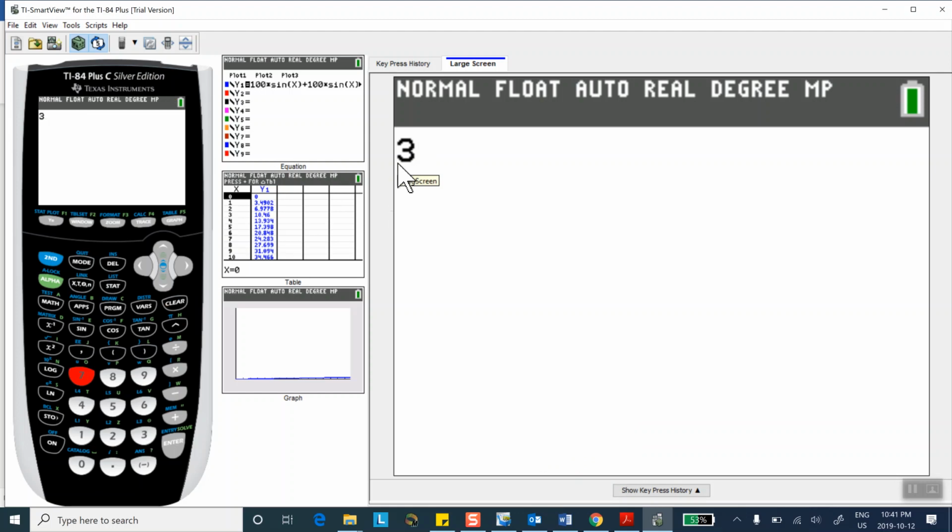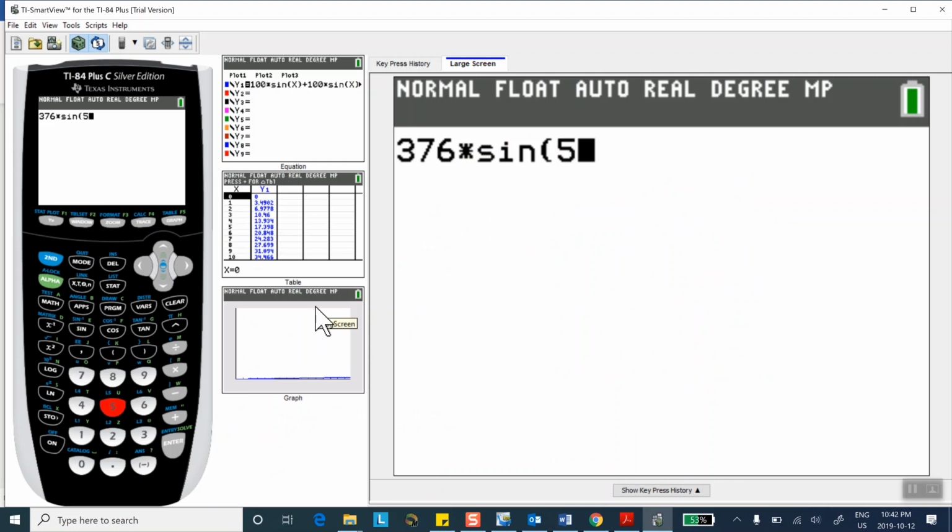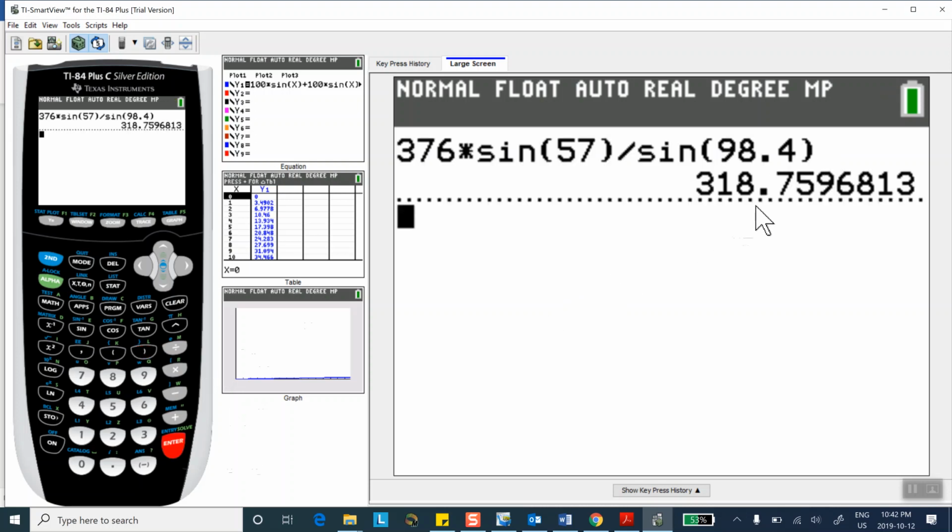I don't know how to use this version of the calculator on my screen, so I keep making these mistakes. I'm really sorry. Sine of 57, is that right? Yeah, 57. Close the parentheses. Divided by sine of 98.4. Close the parentheses and hit enter, and there we are.